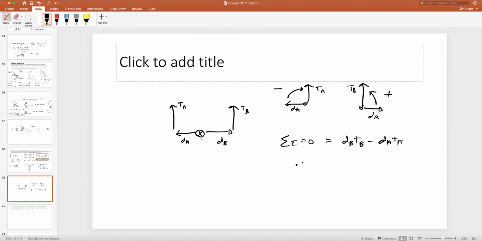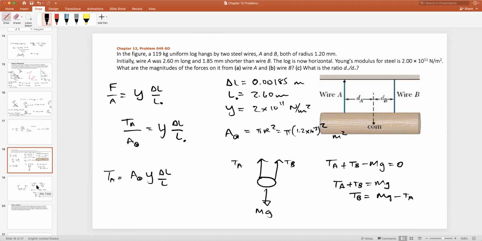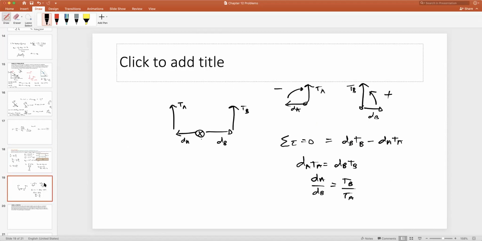And obviously then, dA TA is equal to dB TB, or dA over dB is equal to TB over TA, and you've solved for those already here. So you have everything you need. Pretty simple stuff. Hopefully you understand that. It's a really simple equilibrium problem. Nothing majorly complicated to it, I don't think.